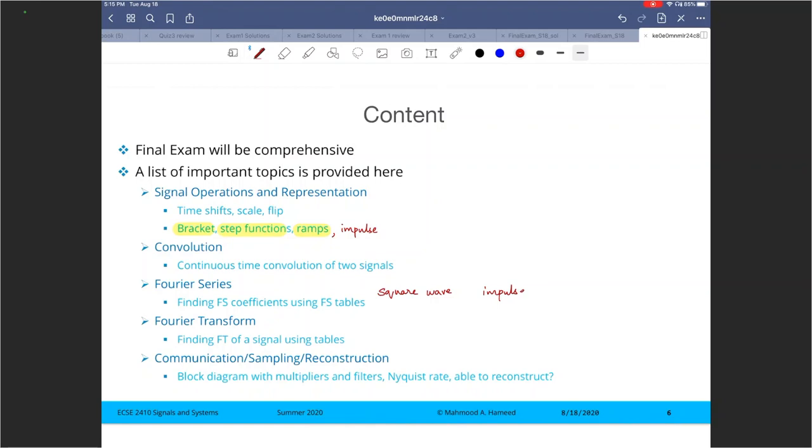We know the Fourier series coefficients for the standard square wave and standard impulse train. Being able to use this along with certain properties, right? For example, the two most important properties in my opinion are time differentiation and time shifting.